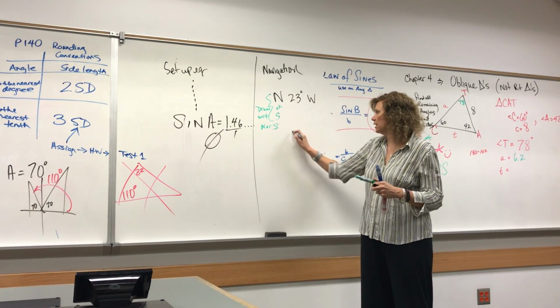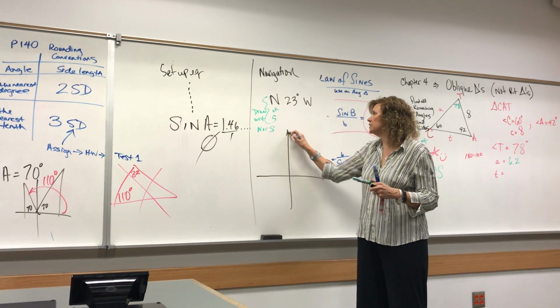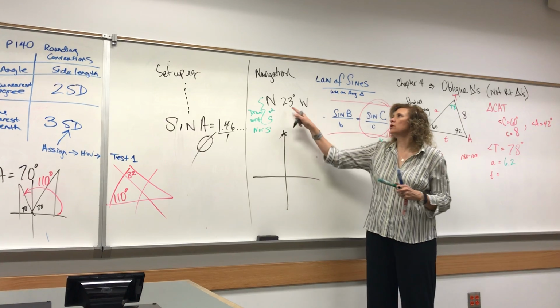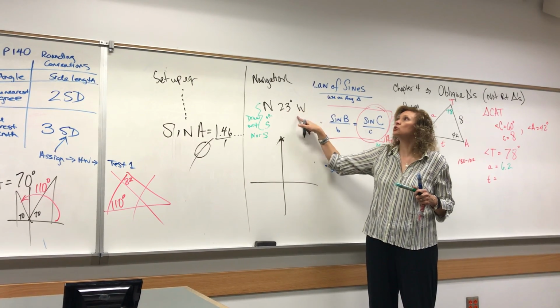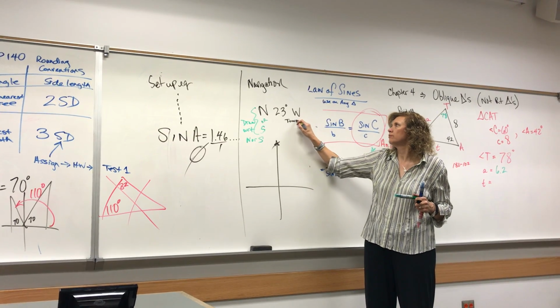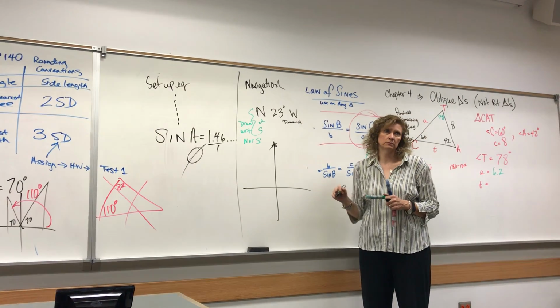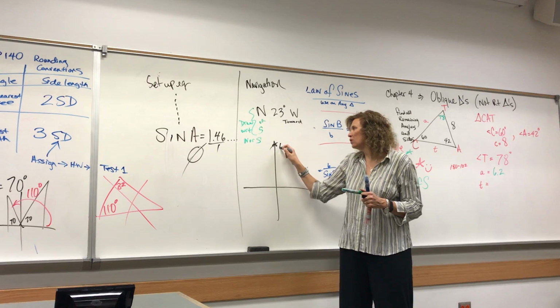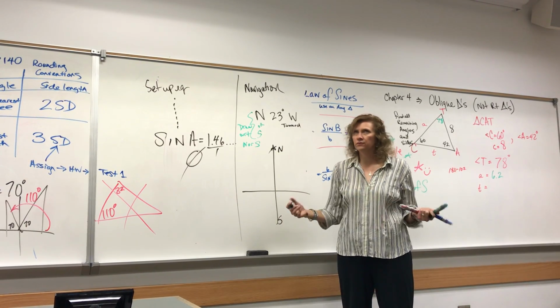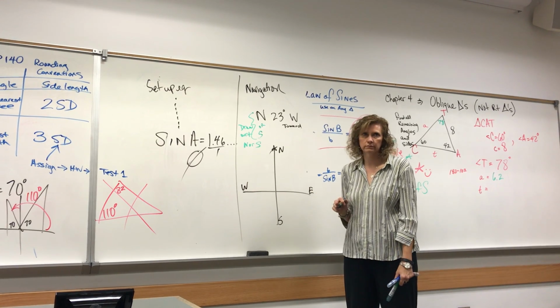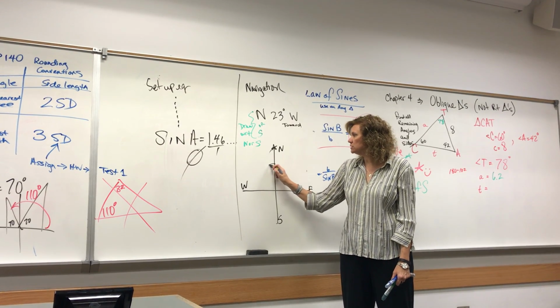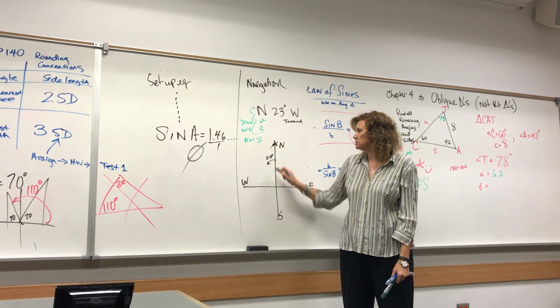So I'm going to draw this angle. From the north, we are going to rotate 23 degrees toward the west. Okay, north, south, I think you got that. If you mix up west and east, it spells we. We're going to rotate 23 degrees.